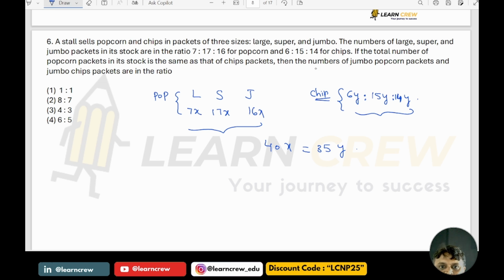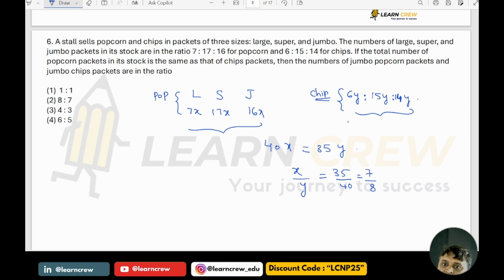Then if both are equal, then the number of jumbo popcorn packets and jumbo chips packets are in the ratio. So what you can say from this? X by y is equal to 35 by 40, which is 7:8. If x is 7, y is 8.